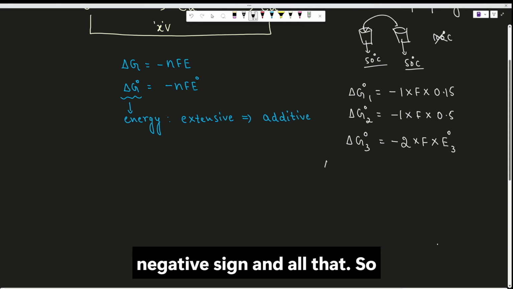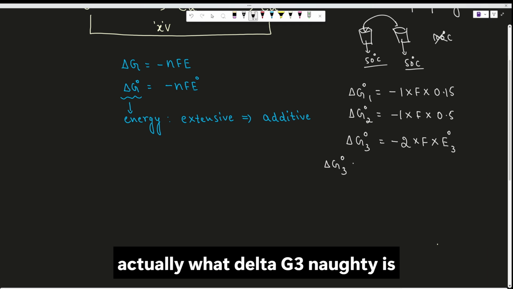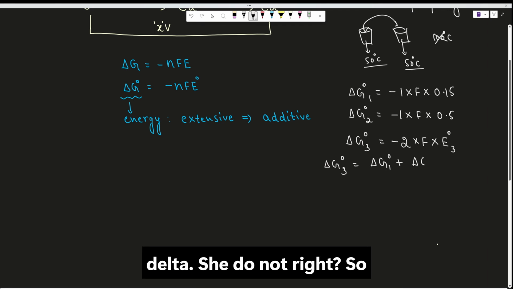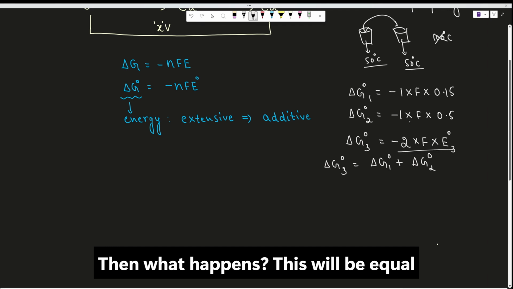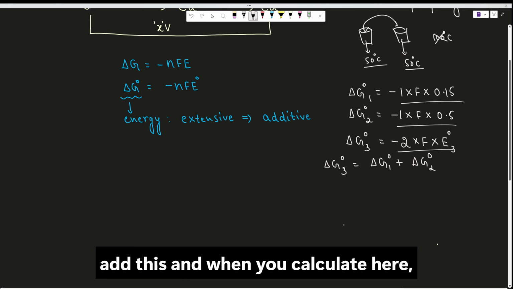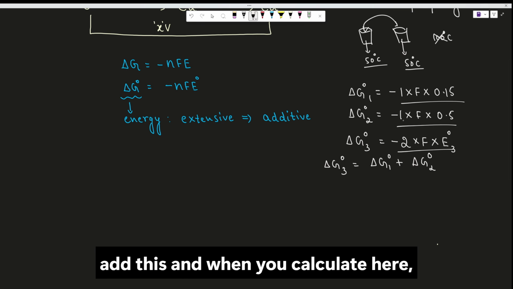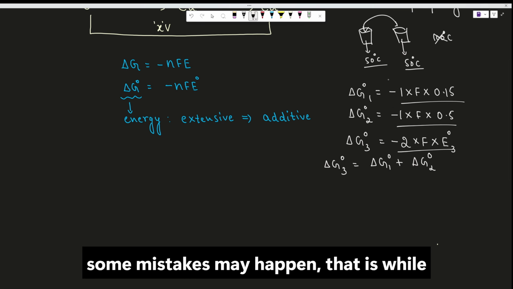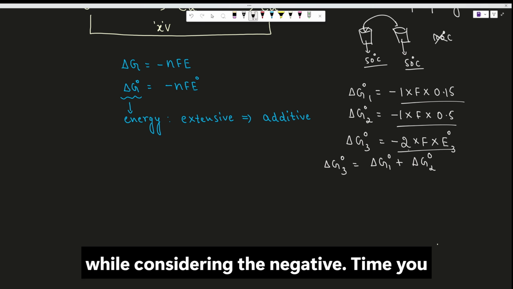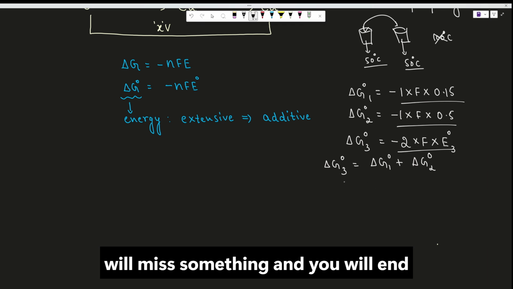So actually delta G3 naught is equal to delta G1 naught plus delta G2 naught. Right. So you have to do it this way. Then this will be equal to this plus this. When you add this and calculate, some mistakes may happen. While cancelling the terms, while adding or considering the negative sign, you will miss something and you will end up with some other answer.